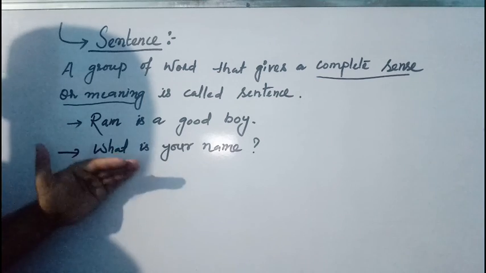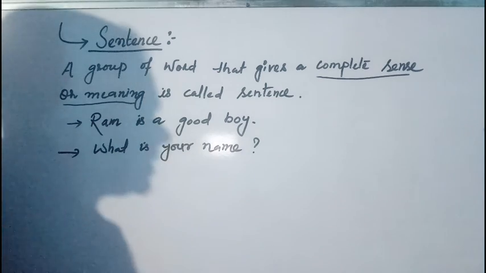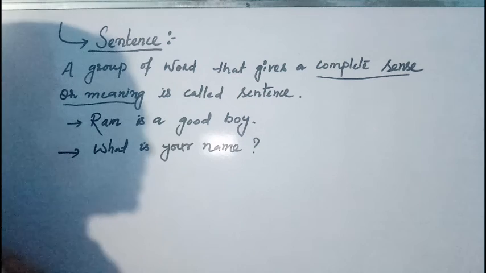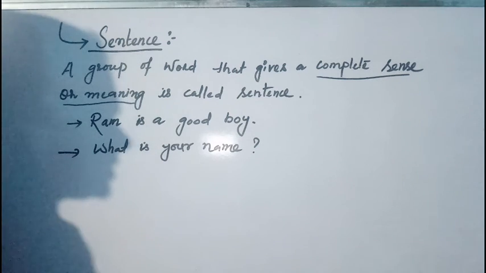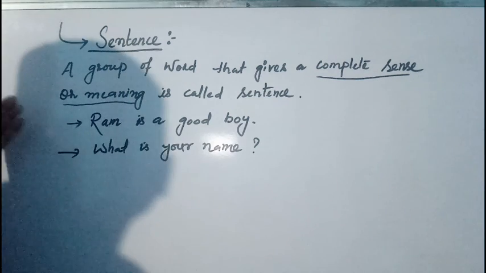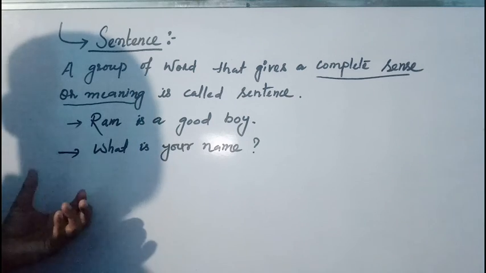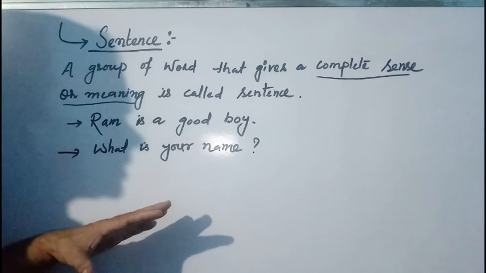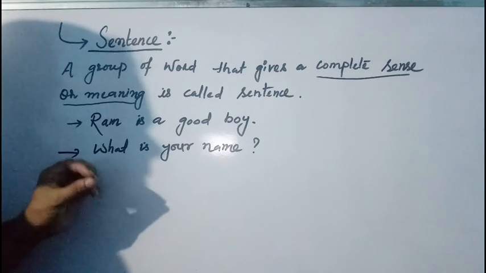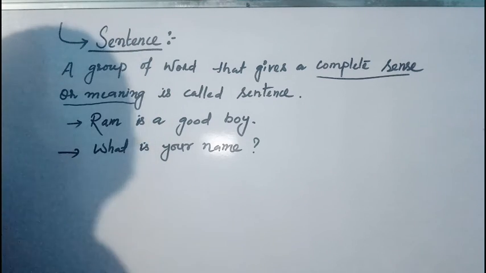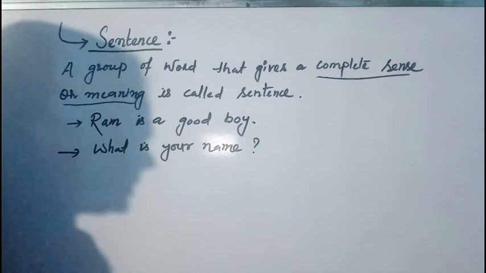So now this becomes what? A sentence. Like that, in English there are so many such sentences, and these sentences are formed by placing different words in a chronology, and that gives some meaning.